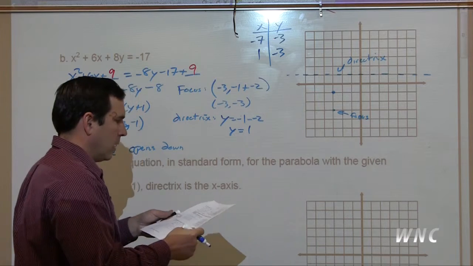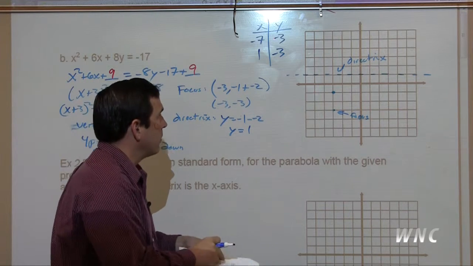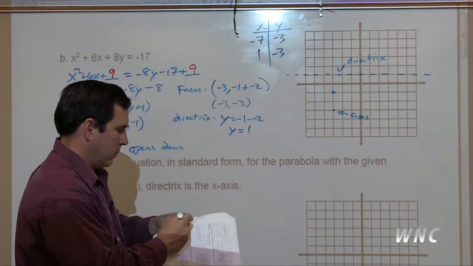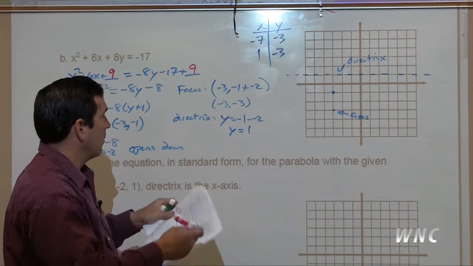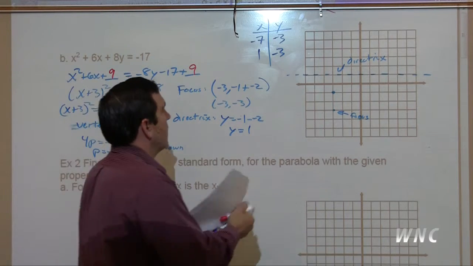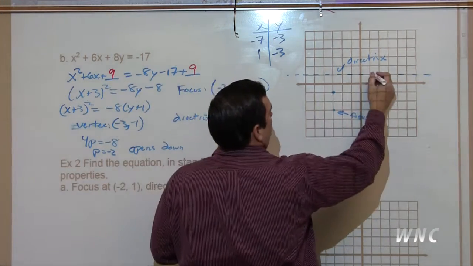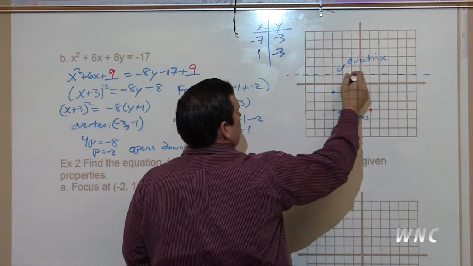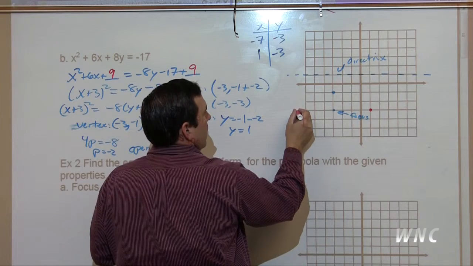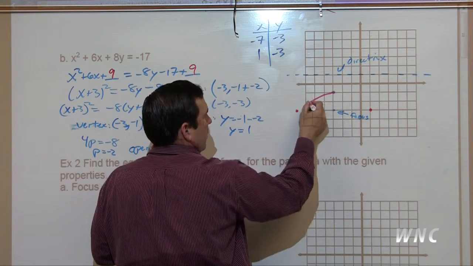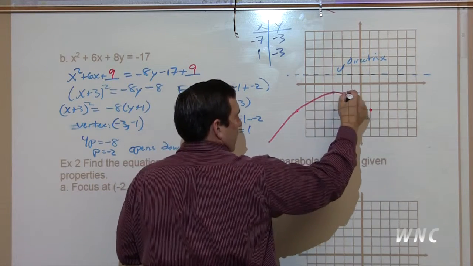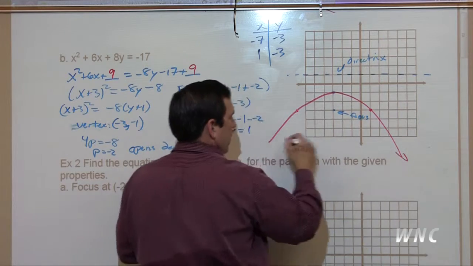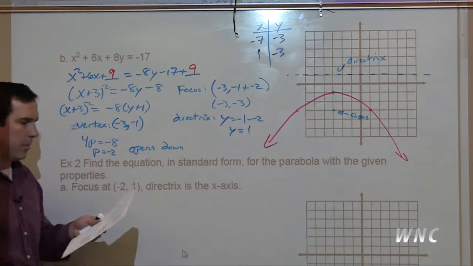Okay, so let's plot this one out. When x is 1, y is at negative 3. When x is at negative 7, y is at negative 3. And there's our parabola.